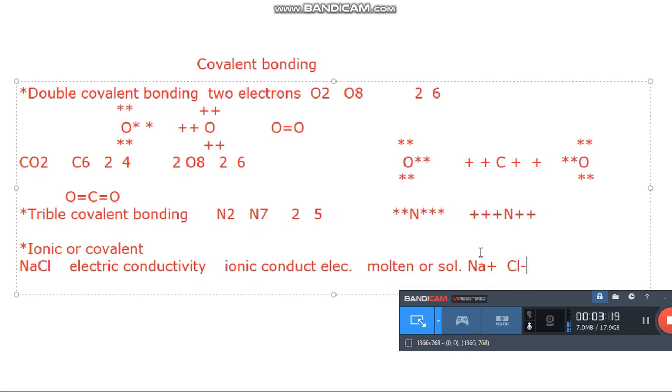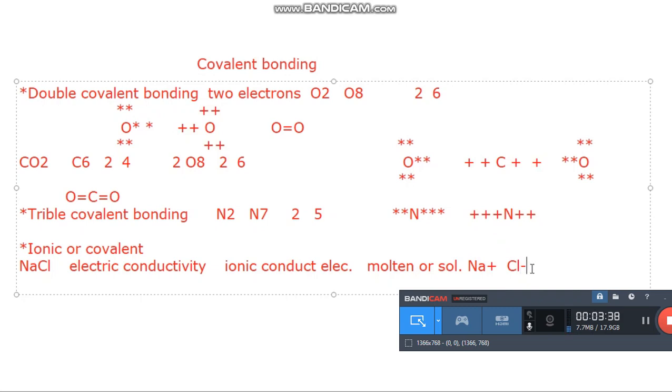So we will have positive ions and negative ions, and electrons can be transferred between the ions. So we have free electrons, so the ionic compound can conduct electricity.